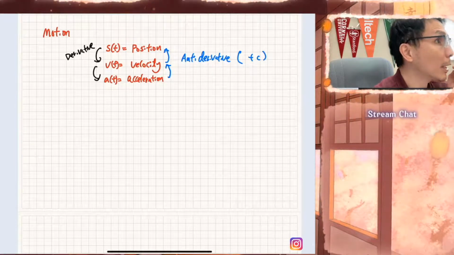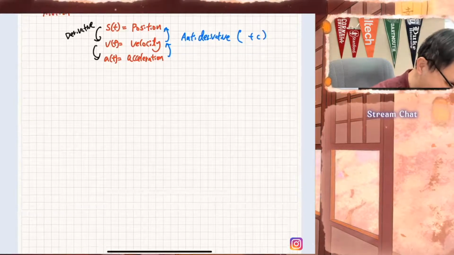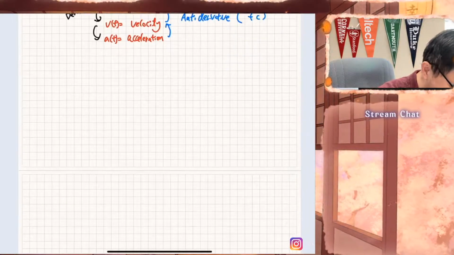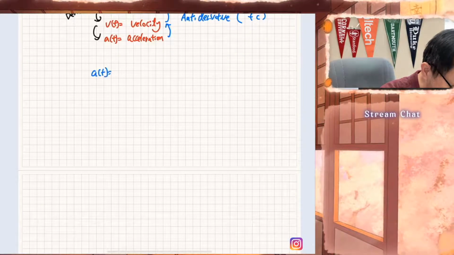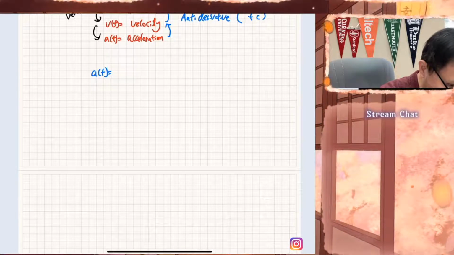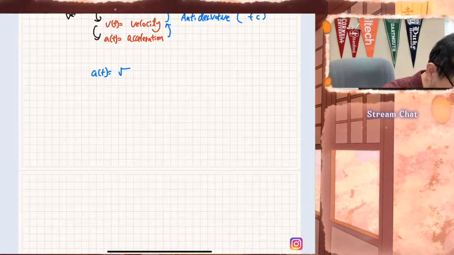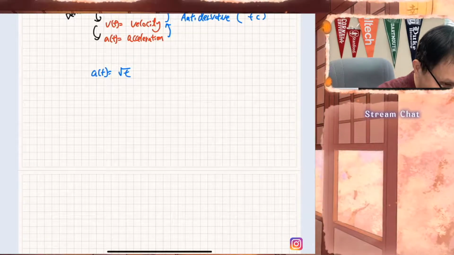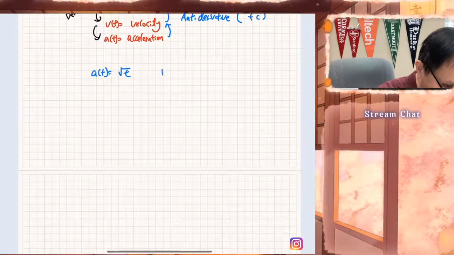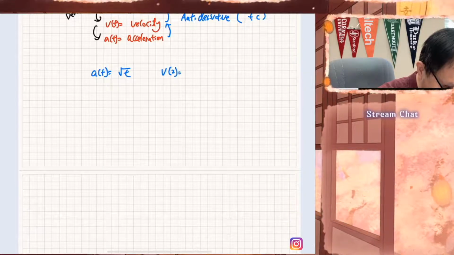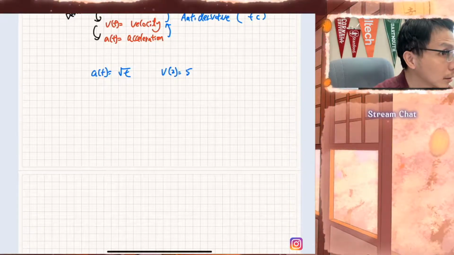So can I say a situation I can change? I can say, okay, a of t is equal to the square root of t, right? And I can say v of 2 is equal to 5, right?